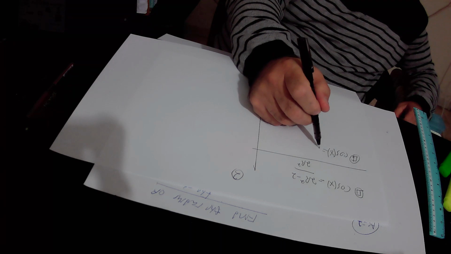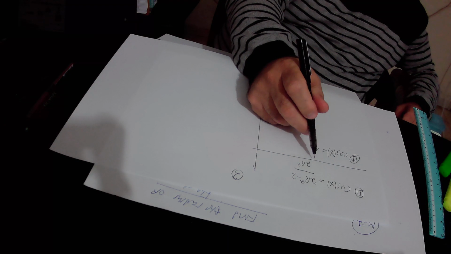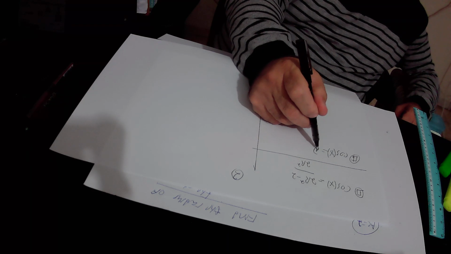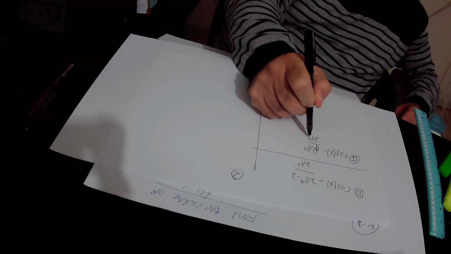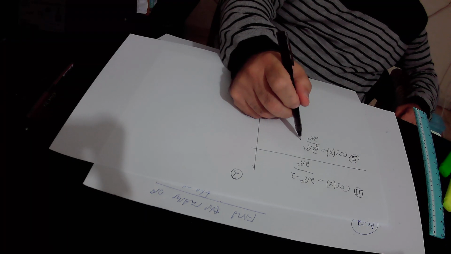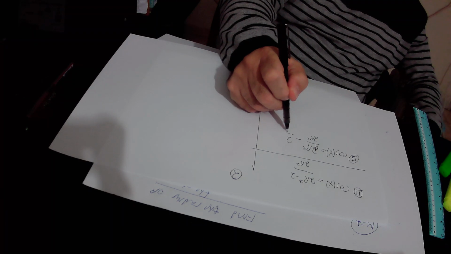The first part is 2r squared over 2r squared. The second part is minus 2 over 2r squared.